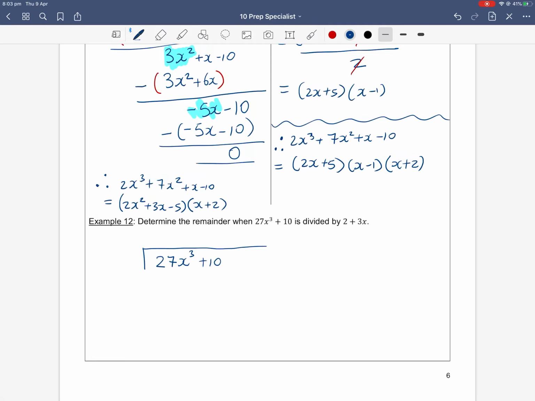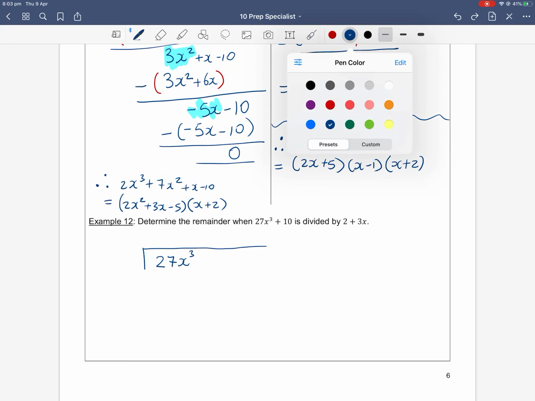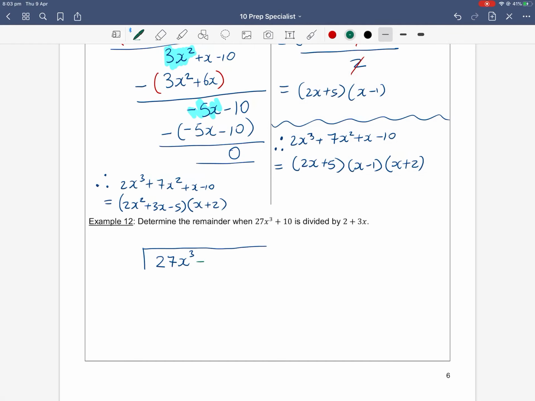But we do want to prepare them in terms of placements, in terms of the gap, so it looks pretty. So we're going to add in 27x cubed plus 0x squared, because there's no x squared, and we've got no x's, but we do have a plus 10 in our dividend.